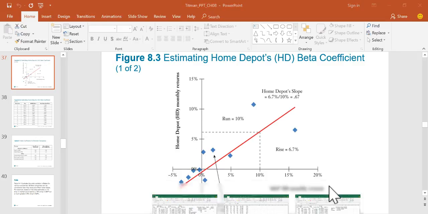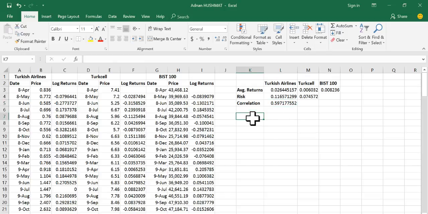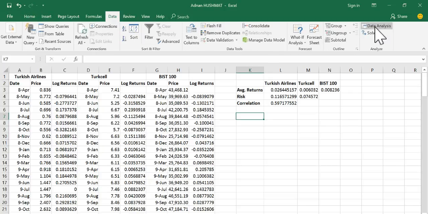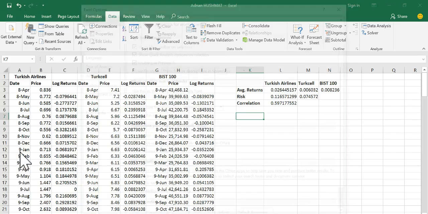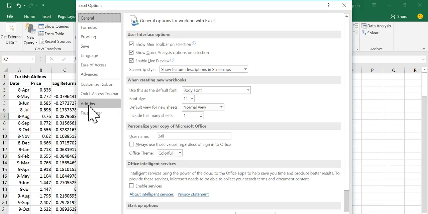So we go to the Data tab and then to Data Analysis. In your Excel you may not see this Data Analysis button, because you need to activate it. Actually it's there, but you need to activate it. So you go to File, click here, go to Options, and you see Add-ins.